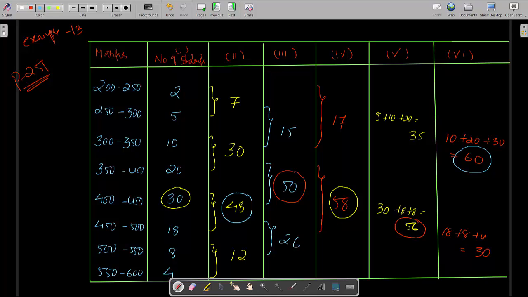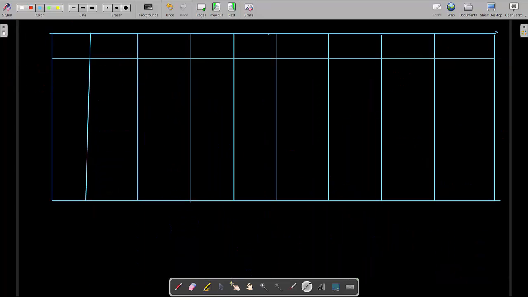Okay, this is how you make the table. We're not done yet. After we're done making this table, you have to make an analysis table again. So let's make another analysis table. In the analysis table, you will not be making 6 columns or 7 columns.